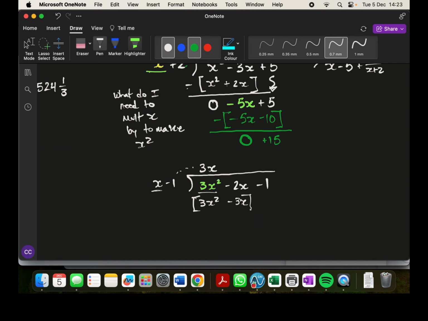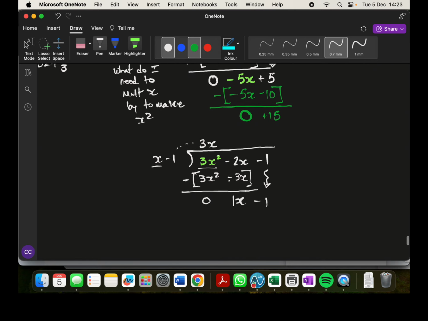But again, because this is the division algorithm, I've got to subtract. So this becomes 0, and this is minus a minus, so it's actually plus. So I get just x, or 1x if I want to. I pull my negative 1 down, and I would ask myself the same question. What do I have to multiply this x by to make it equal to 1x?